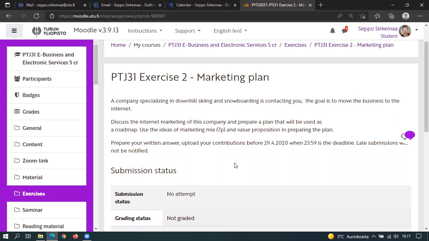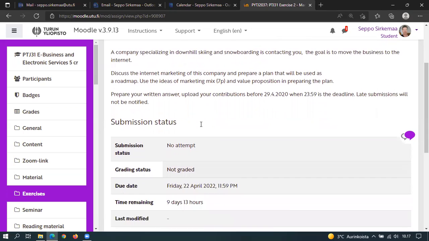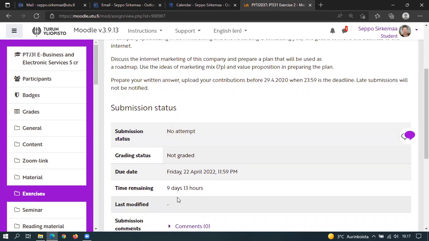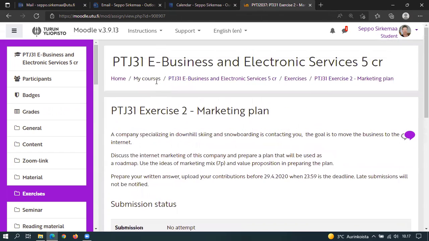You are supposed to prepare a written answer, upload your contribution before 29th of this month. So there's a lot of time actually to do the exercise. This is the deadline. Late submissions will not be notified. So you have something like 9 days and 13 hours at the moment to prepare this particular exercise.